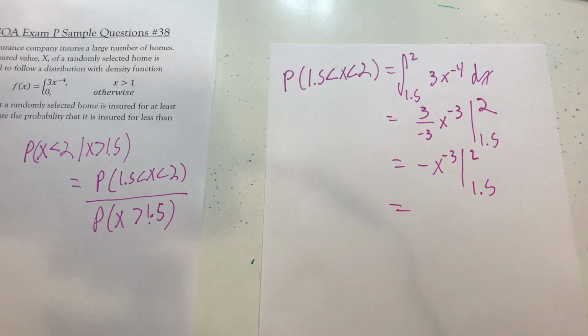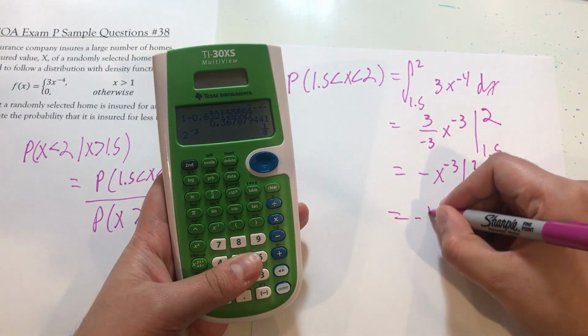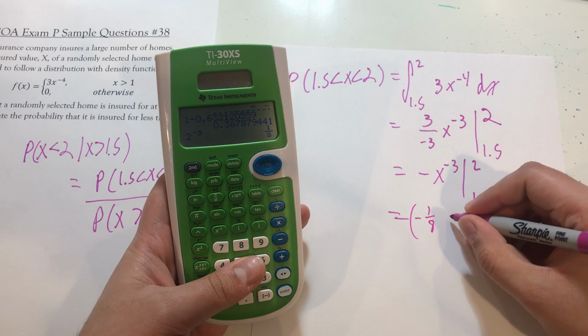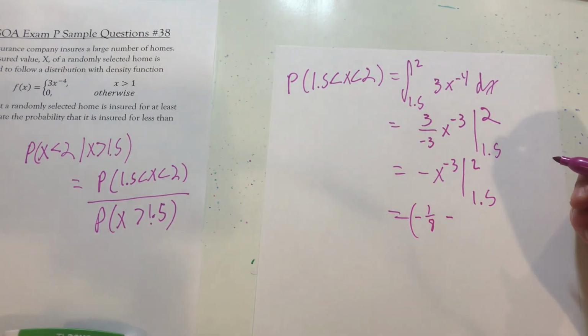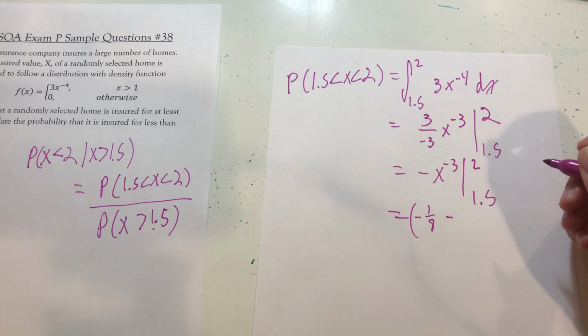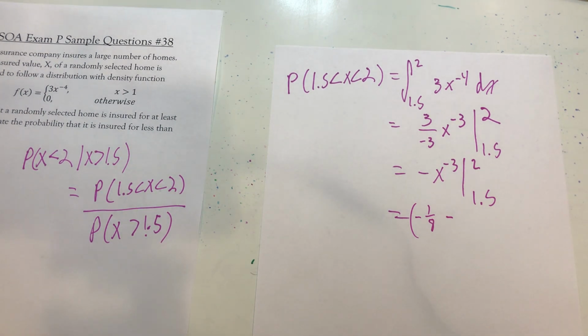And let me make sure that is good. So it's going to be 2 raised to the negative third, negative 1 over 8, minus 1.5 raised to the negative third.